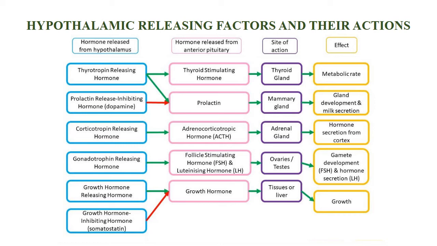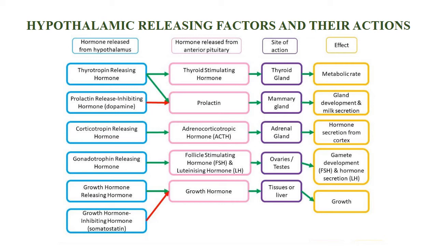That is, thyrotrophin releasing hormone targets the anterior pituitary lobe, which in turn secretes thyroid stimulating hormone and prolactin hormone. Thus, thyroid stimulating hormone targets the thyroid gland and is involved in the metabolic pathways.